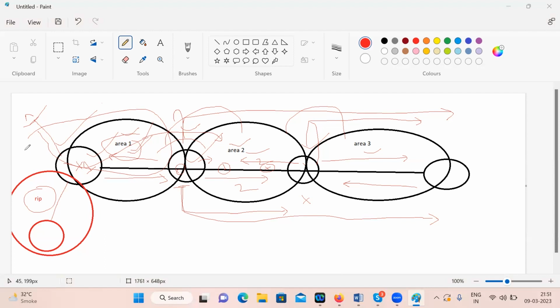In future, we will see how RIP will communicate with OSPF and OSPF will communicate with RIP. When those two communicate with each other, this router will send information of RIP to every other router in OSPF.